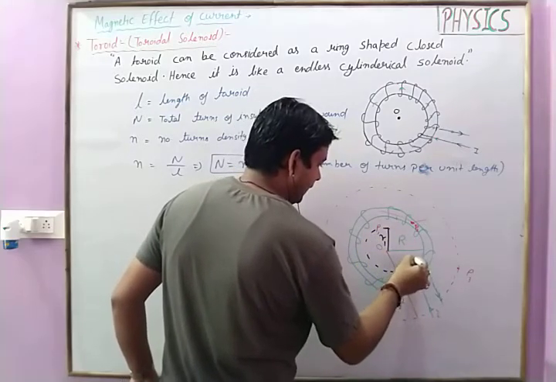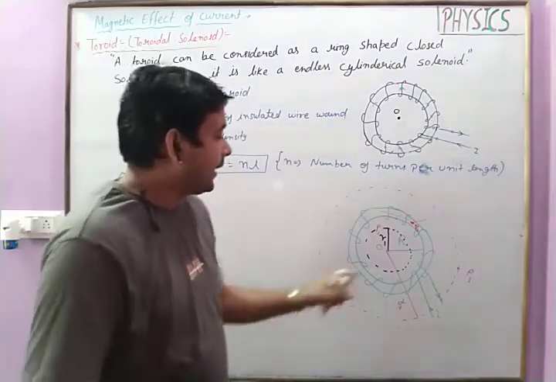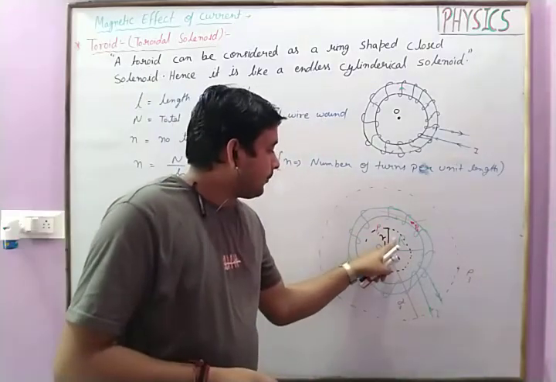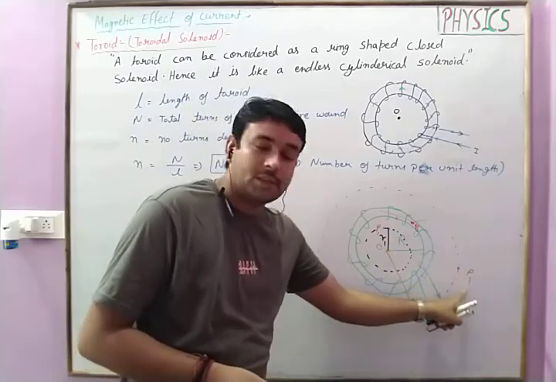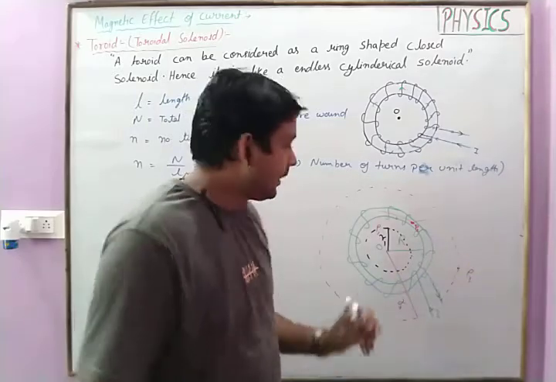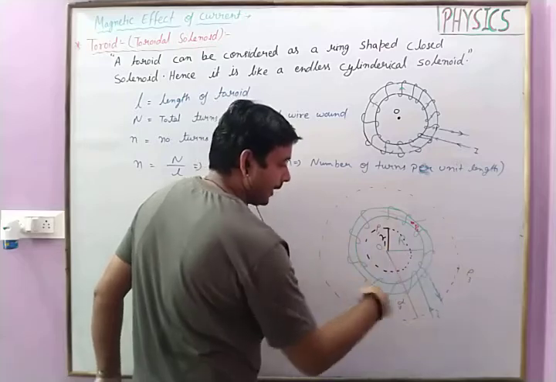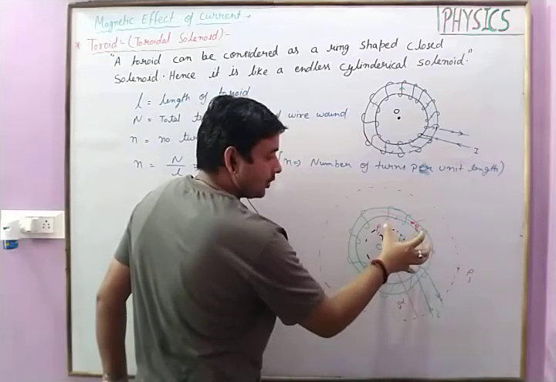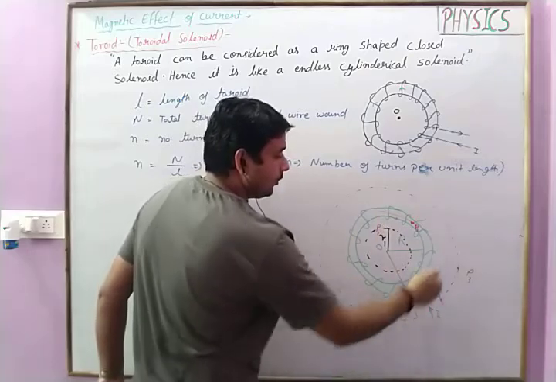So the magnetic field at point P1 inside the toroid and point P3 outside the toroid is 0.